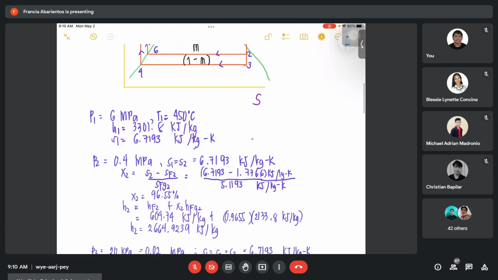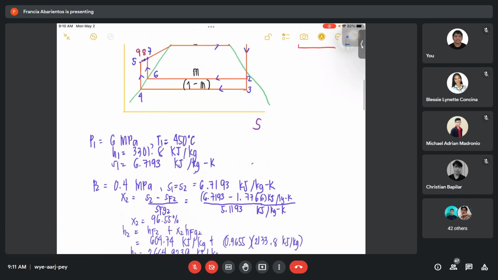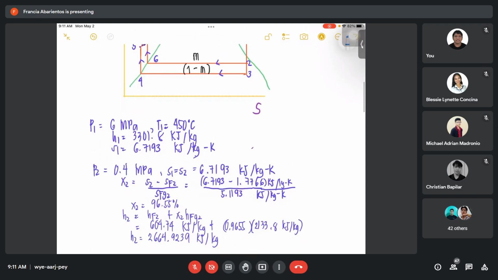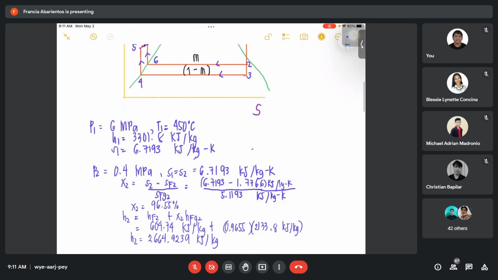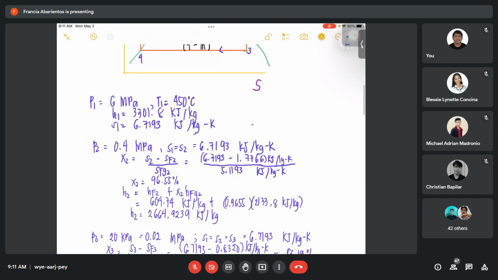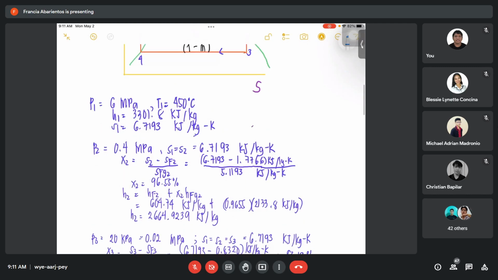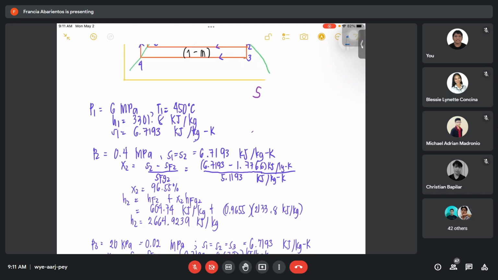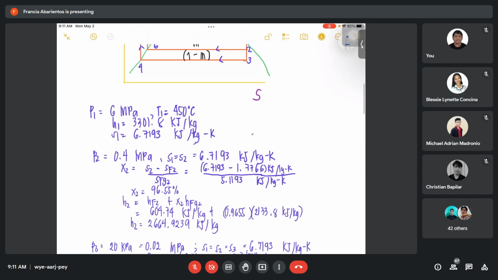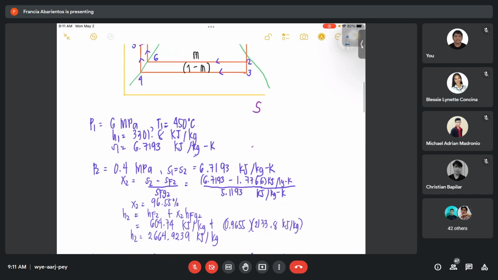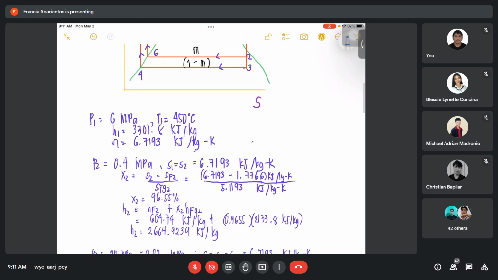And given sa atin yung feed water entering pressure, which is 0.4 MPa. So, kukunin natin enthalpy at point 2. So, nakuha na natin 2,664.92 kJ per kilogram.